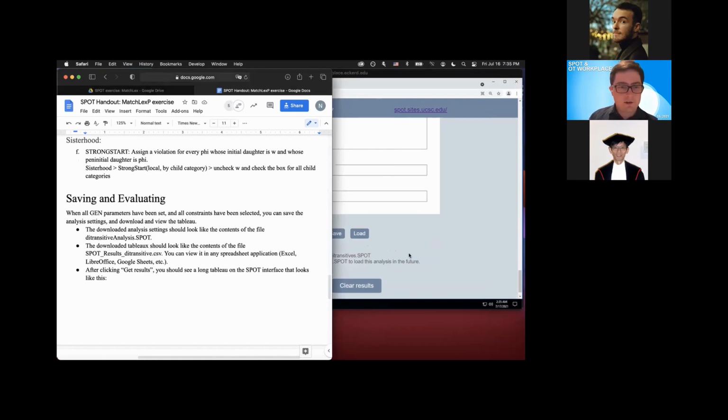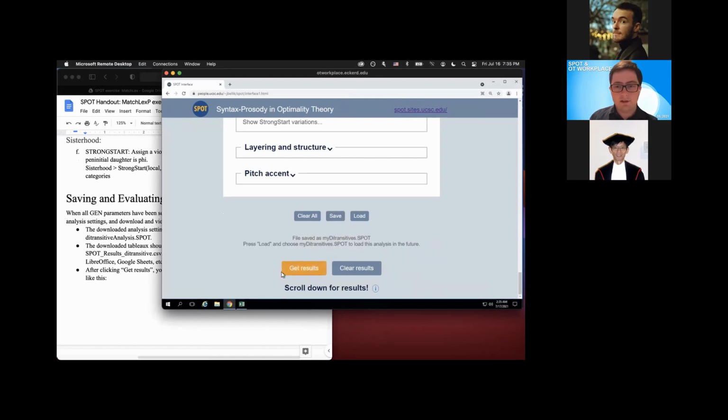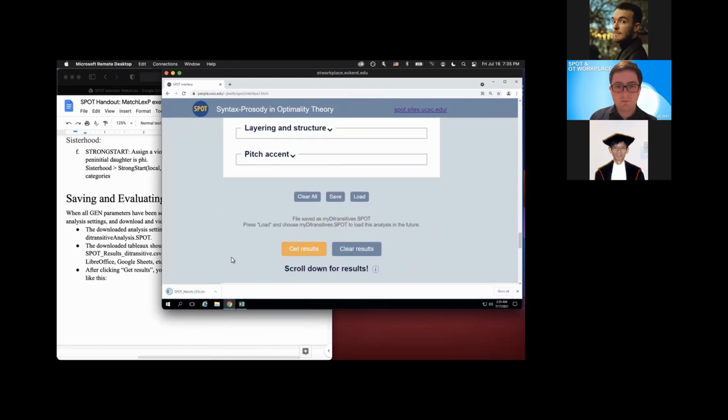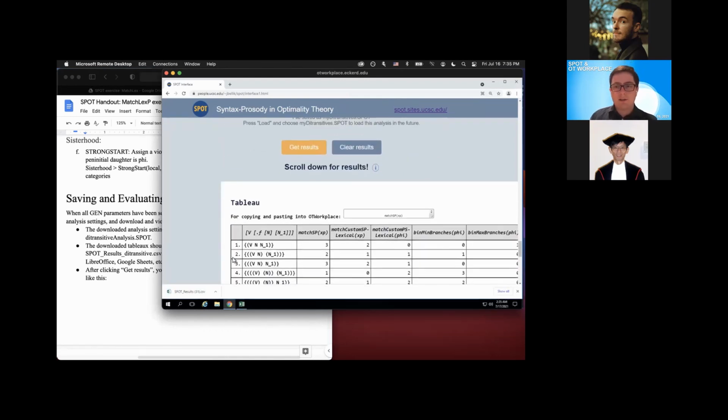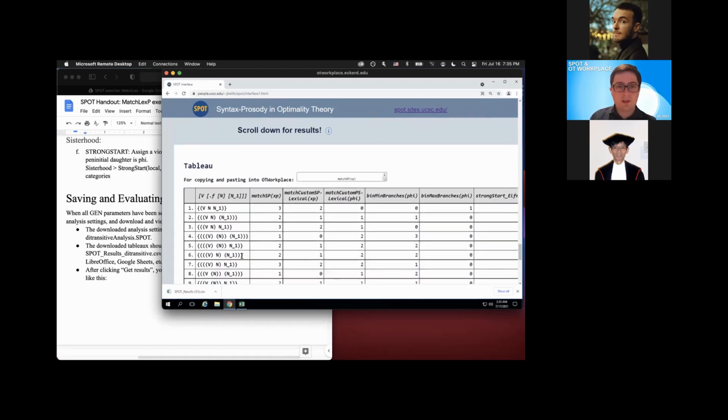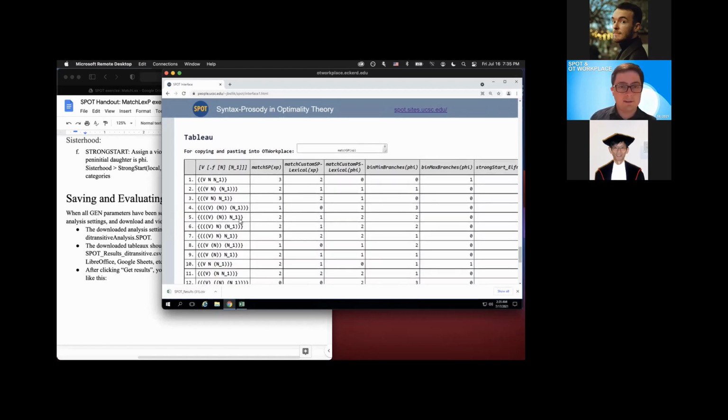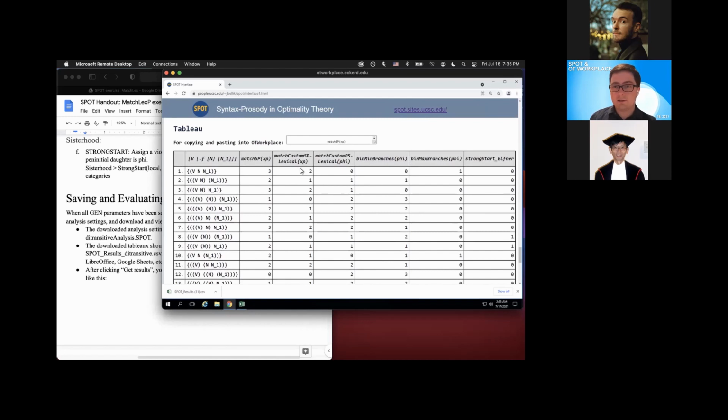But in addition to that, we can press get results. And now what Spot does is it will display to us all of the candidates that were generated, as well as all the violations that the constraints we chose assigned to these candidates.